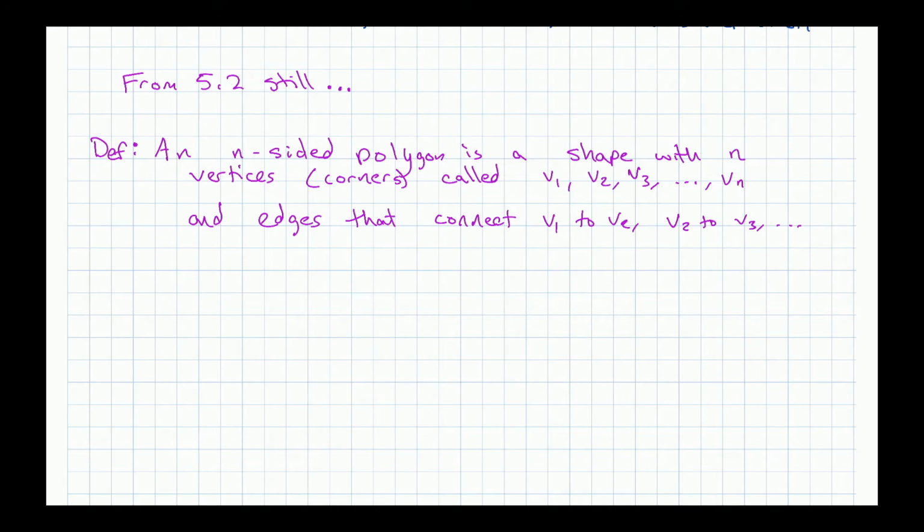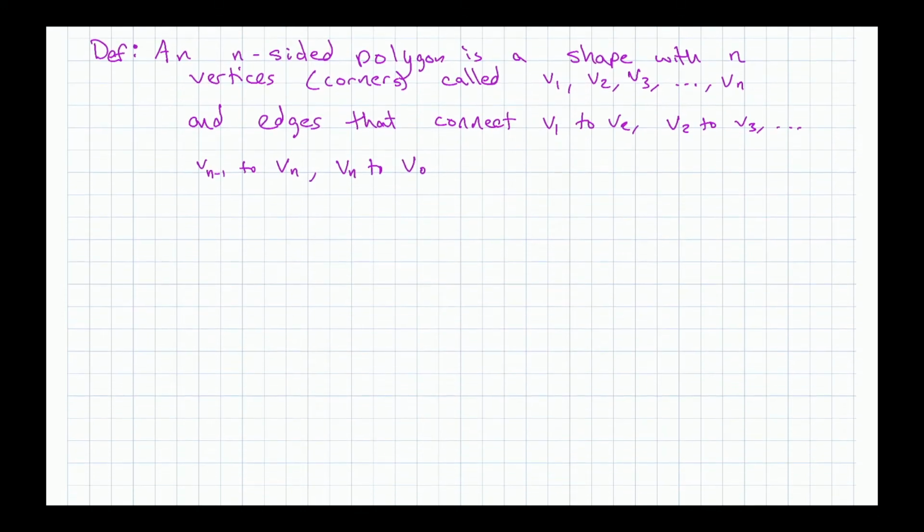We're going 1 to 2, 2 to 3, 3 to 4, 4 to 5, etc. Eventually, you're going to get to the end of this list, and you're going to go V(n-1) to Vn, and that's not the last edge. The last edge is actually Vn back to V1. I said V0 again, but I meant V1. And that's just what we're going to use for this definition, and it's going to be good enough.